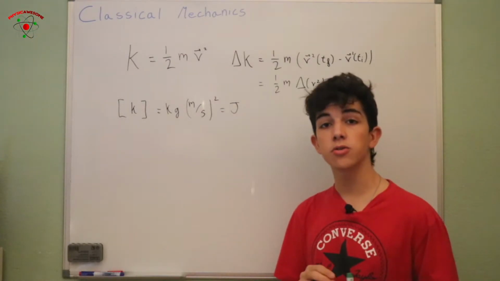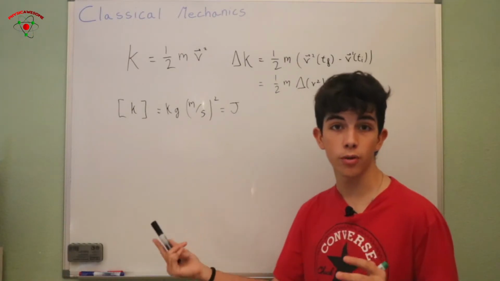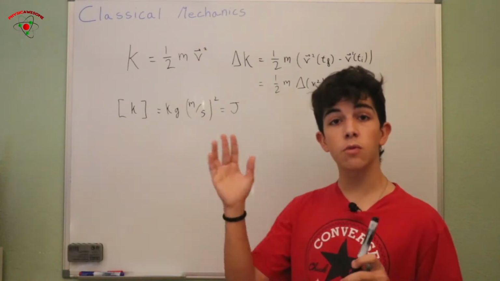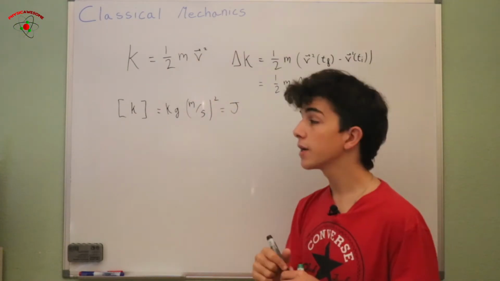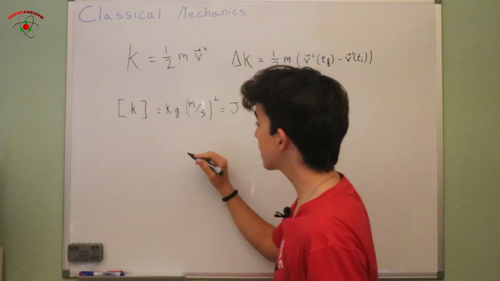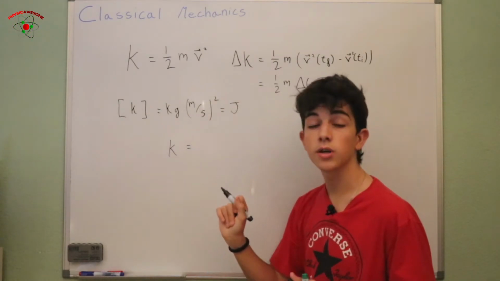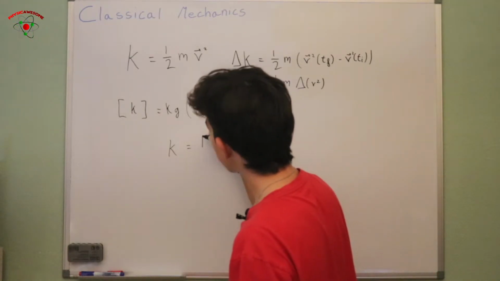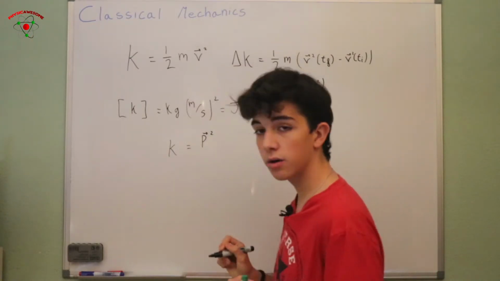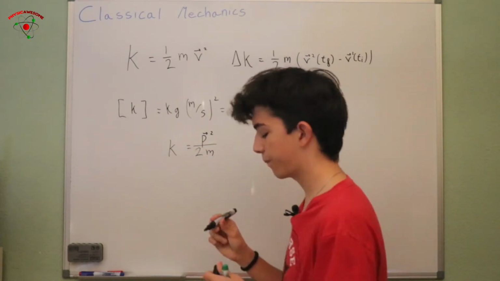Another important thing to note about kinetic energy is that it has another formulation. Recall our definition of momentum. It was mass times velocity. Therefore, kinetic energy is sometimes expressed, and this is mainly done in quantum physics or particle physics, as p squared over 2m.